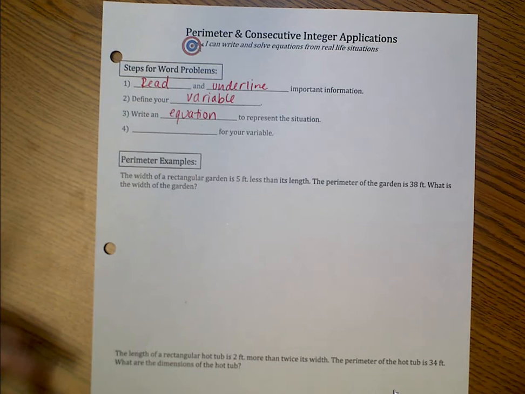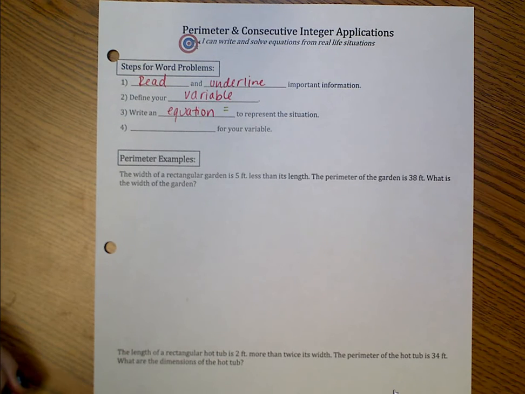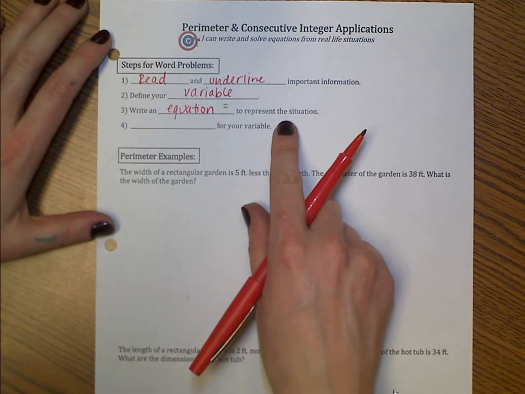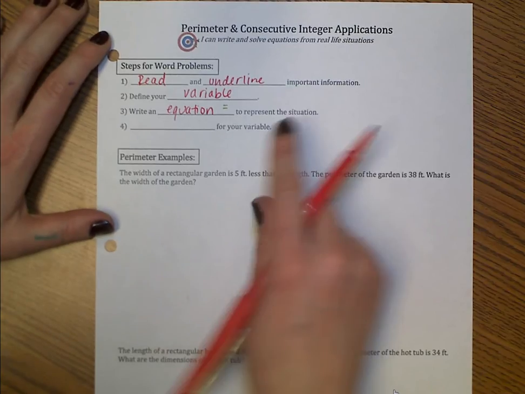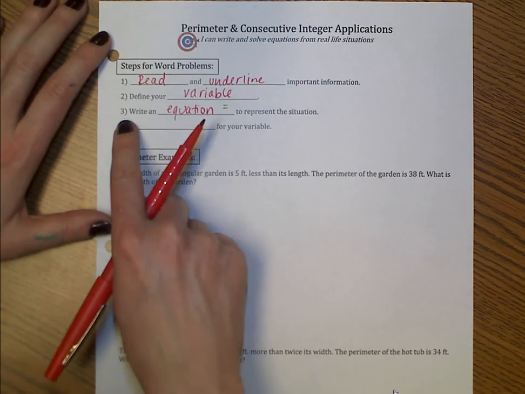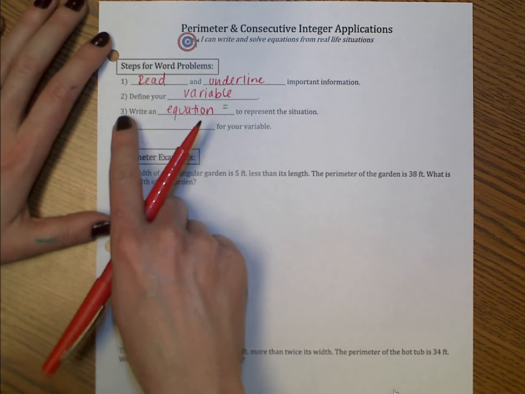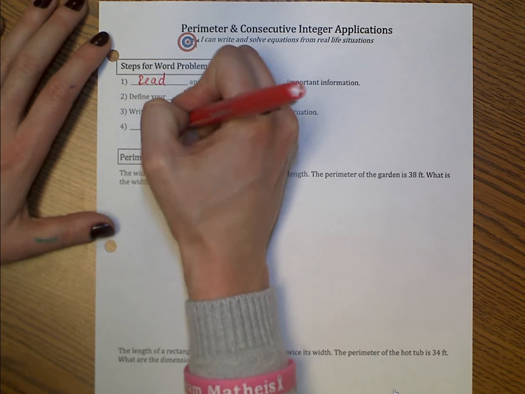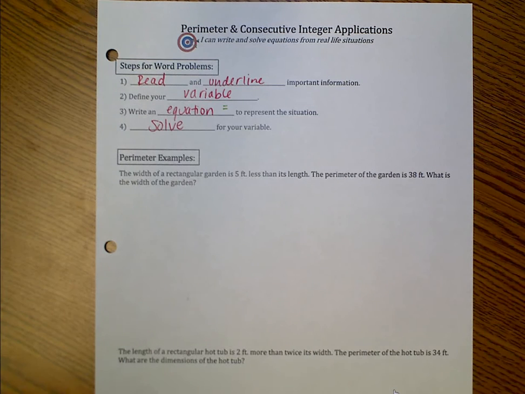Remember, if it's an equation, it's got to have an equal sign. And you're writing the equation to represent the situation that the word problem's talking about. Once the equation sets up, and remember step 3, that's the hard part. Once the equation's set up, you're just going to solve for your variable. Okay, so that's kind of what we did last time with our steps.